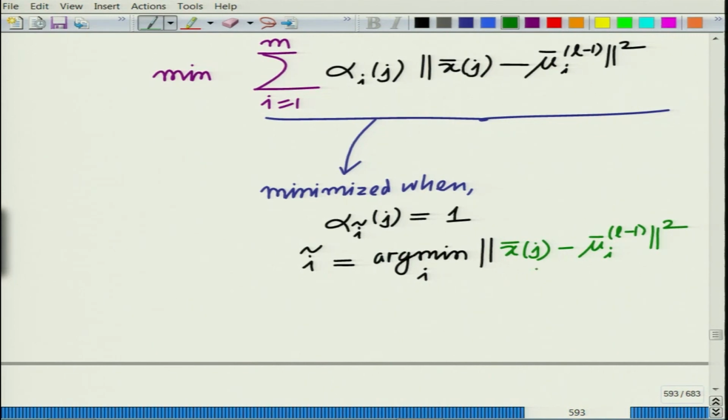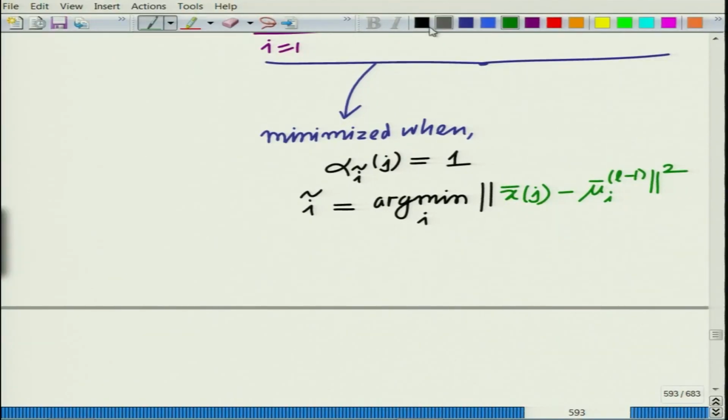That is you are choosing, from all these distances x bar j minus mu bar I L minus 1, that is given all the centroids, you are essentially choosing that centroid which is the closest to x bar j, right. So, you are assigning x bar j to that cluster whose centroid is closest to x, and naturally if that distance is minimum, this whole cost function you can see is minimized, because all the other alpha I j's are 0, you will only have alpha I tilde j equal to 1 corresponding to the cluster with the closest centroid, and therefore, this is minimized by assigning.